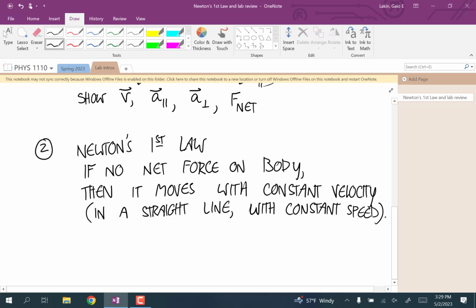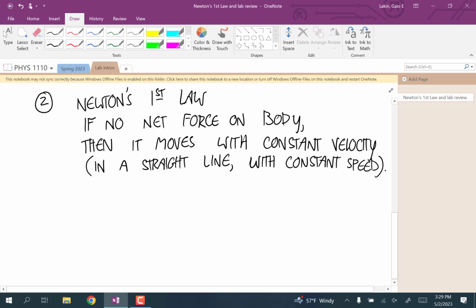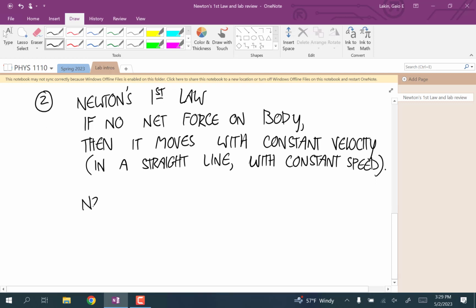The reason that we haven't talked about Newton's first law is that for calculations, it's not very useful because it's contained in Newton's second law. Notice that Newton's second law tells us that if there's no net force on an object... Newton's second law, let me write that first. So if you add up all the forces on a body, it's equal to the body's mass times its acceleration.